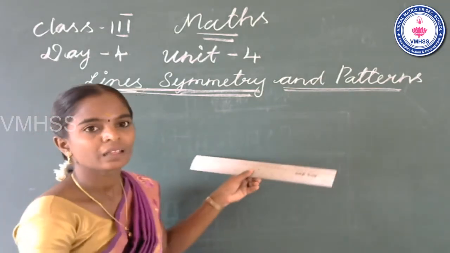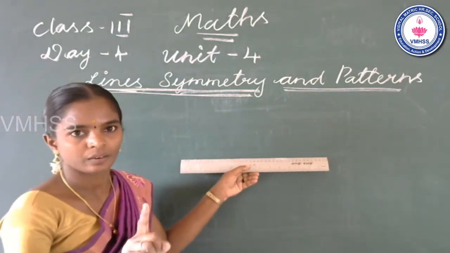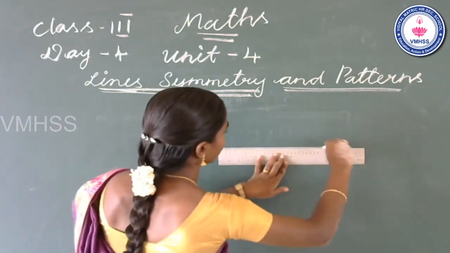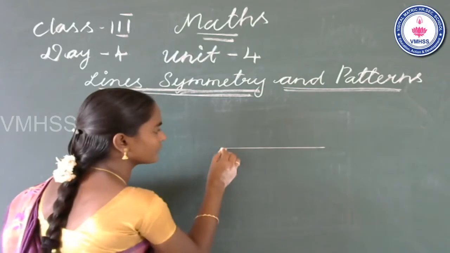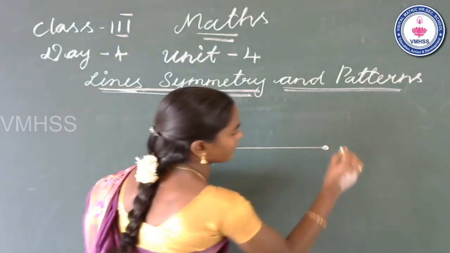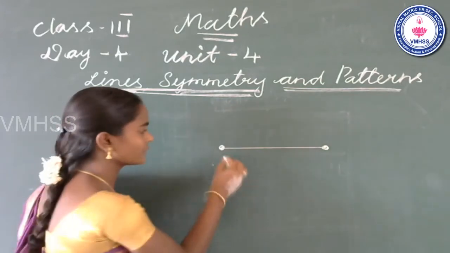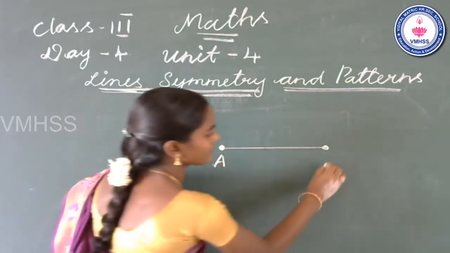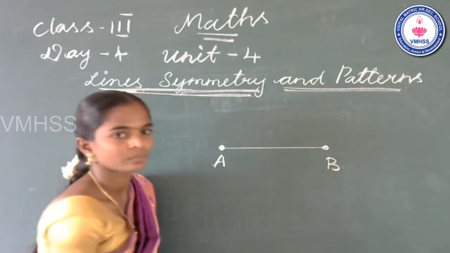First we will draw one line segment. This line segment has a start point and an end point. This is named A, this is named B.